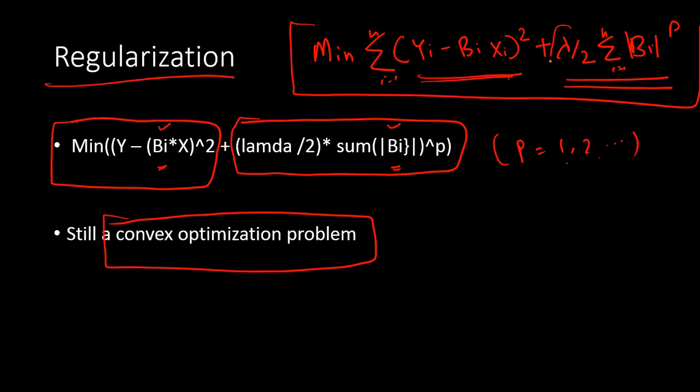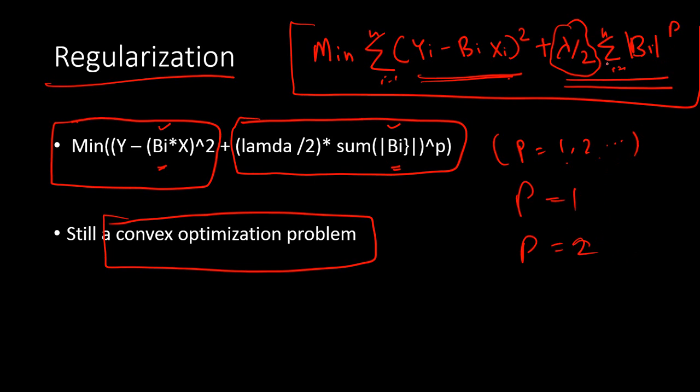We have lambda, which controls how much this beta parameter should be reduced. And this is the summation of the modulus of betas, raised to the power p. p could be 1, p could be 2. It could be different than 1 or 2 also, but the two popular ones are 1 and 2.